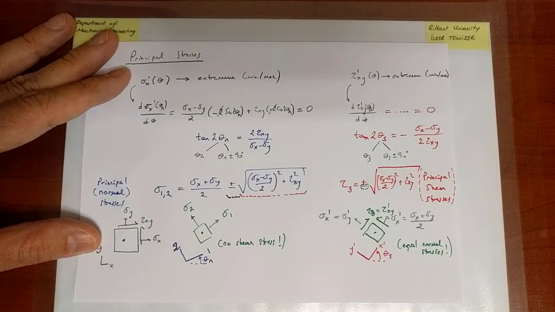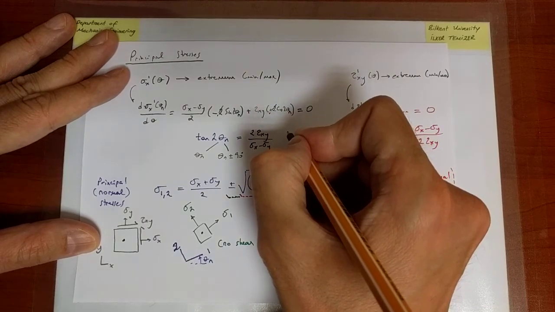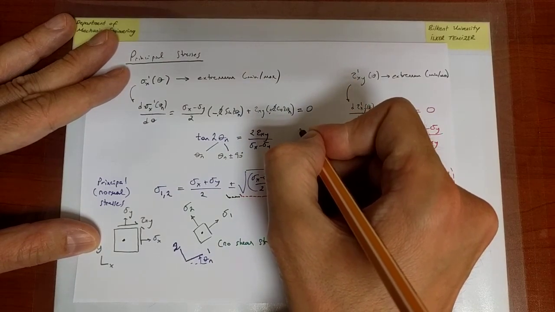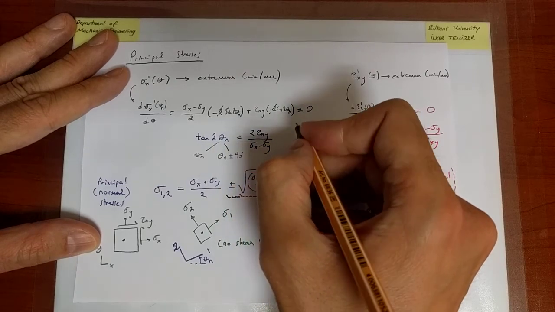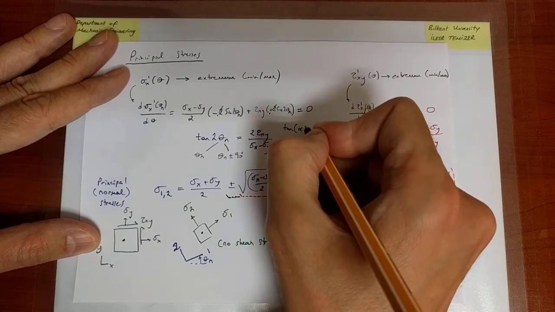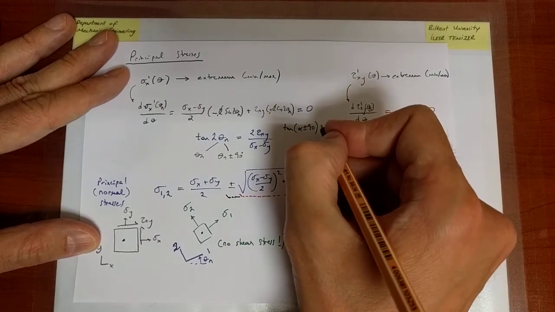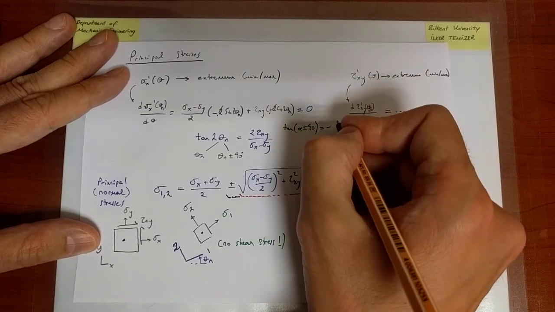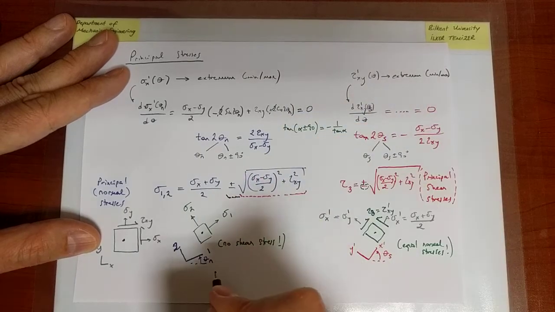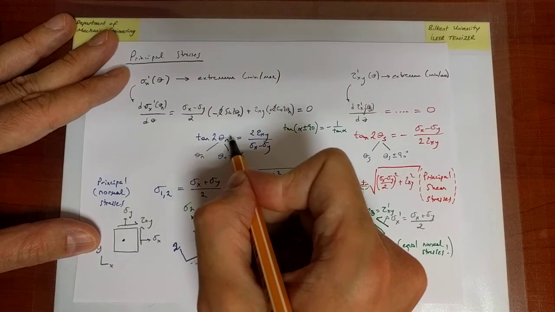What we can remember from our trigonometry is that if we have an angle alpha, and I take its tangent, and I add or subtract 90 degrees to it, the result will be minus 1 over tangent alpha. So in other words, the alpha angle here is referring to twice theta.